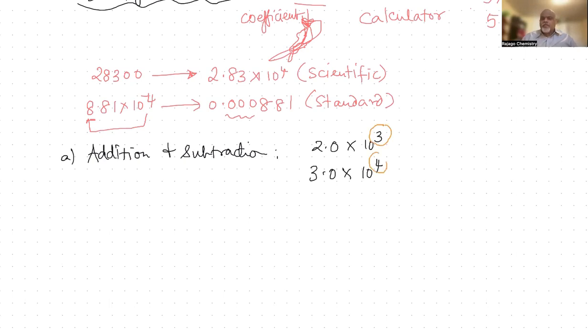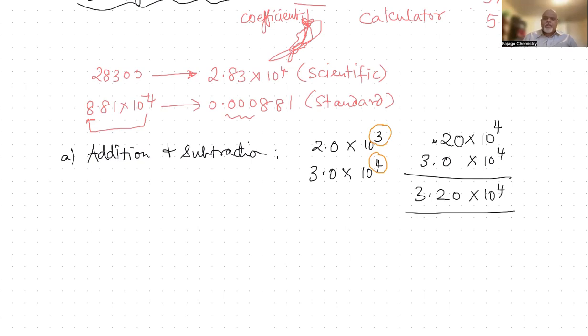We have to make them even, so we change the first as 0.20 times 10 to the power 4, and keep 3.0 times 10 to the power 4. Now you add to get 3.20 times 10 to the power 4. The main rule is to bring both exponents the same, and then you can easily add them.